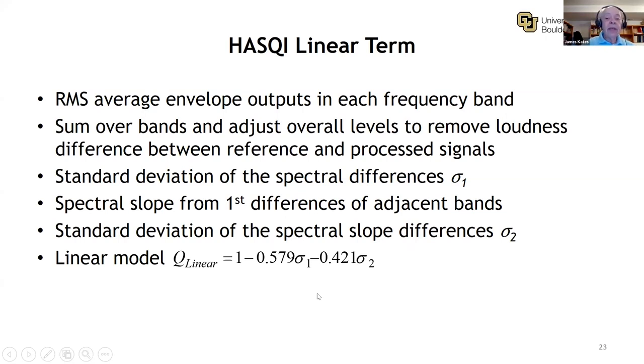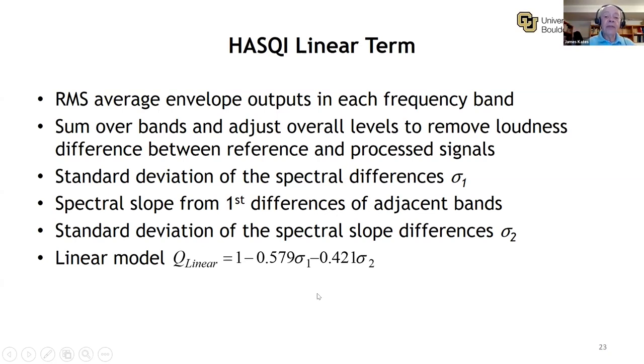And we sum these values, and then we look at the standard deviation. So if I have the long-term spectrum for my sentence for the reference signal, I have that spectrum. I then have the long-term spectrum at the output of the hearing aid that's then gone through the model of the impaired ear for the hearing aid processed signal.